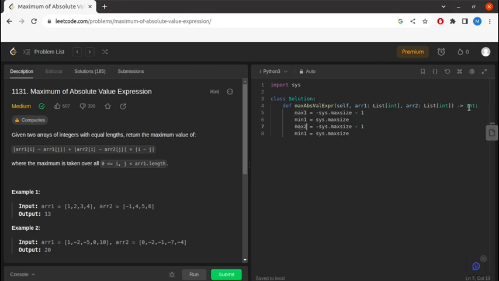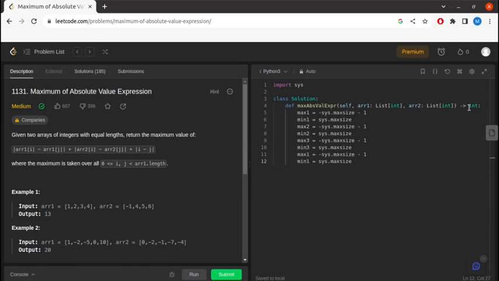Let's do max2, min2, right? Then 3, but I have not computed the equation, so let me first find out the equation. I'm sorry, this is 4.